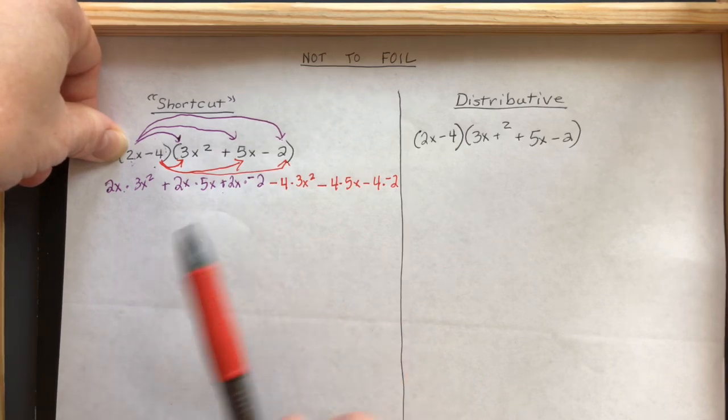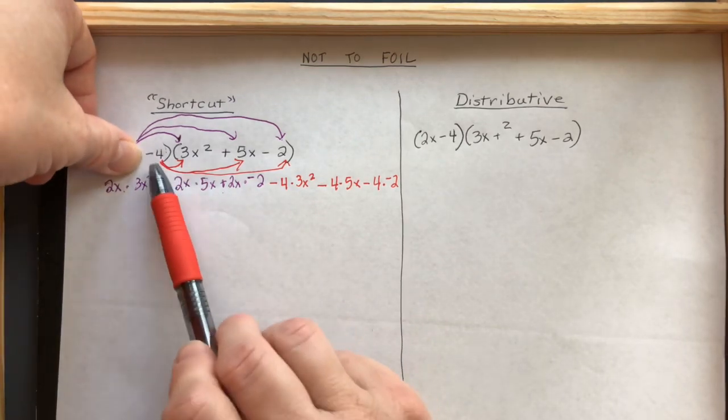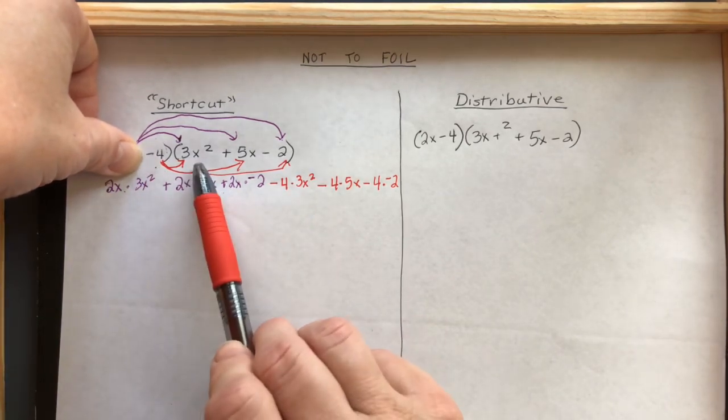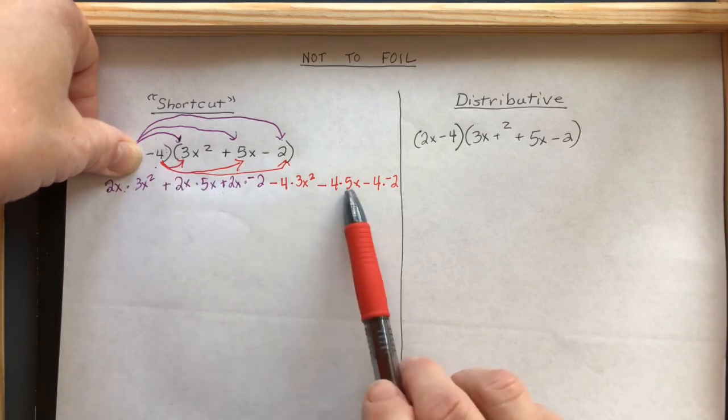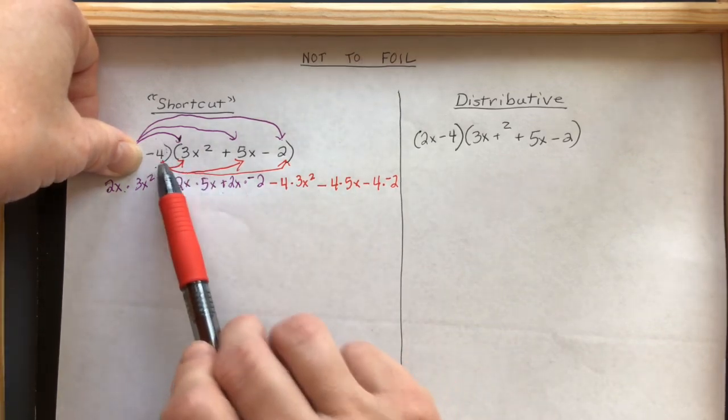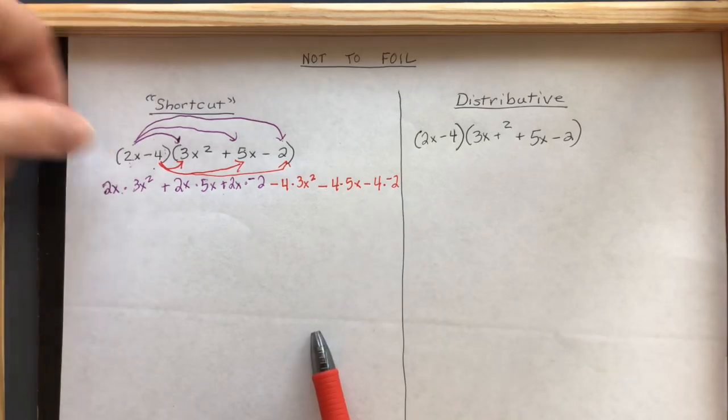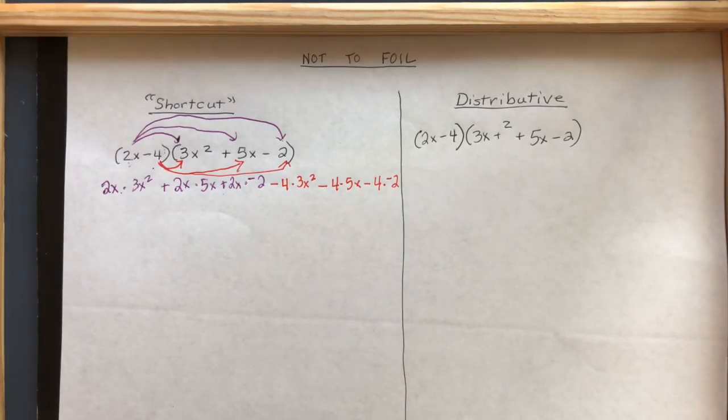Yep, that worked. Okay, now I'm going to look at the second term. Negative 4 times 3x squared, negative 4 times 5x, and negative 4 times negative 2. I promise you it's super easy to make a mistake and leave something out.